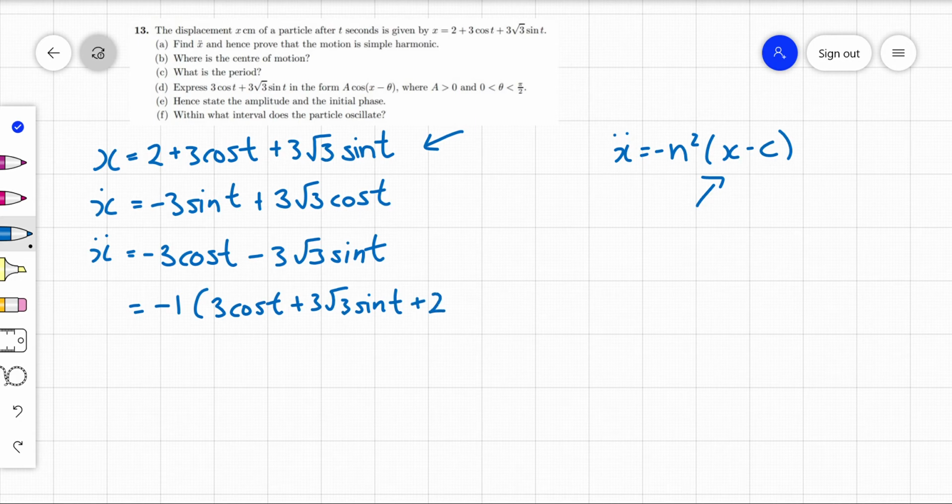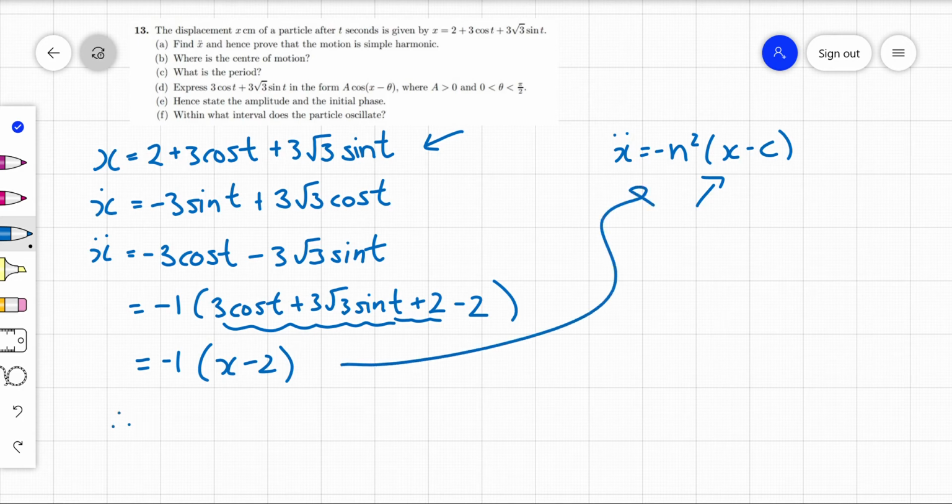So I'm going to plus 2 and minus 2 to balance that up, and then substitute the x in for all of that. Minus 2.